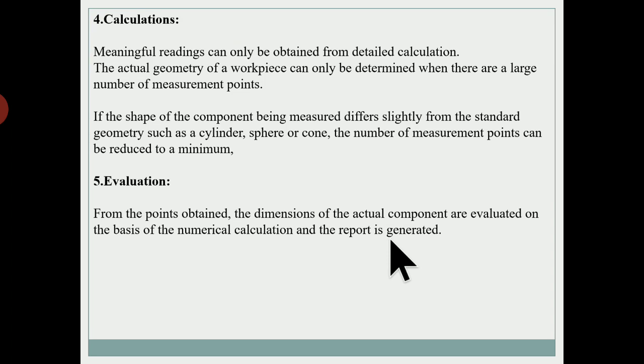Then the fourth function of computer system is calculations. Meaningful readings can only be obtained from detailed calculation. The actual geometry of a workpiece can only be determined when there are large number of measurement points.